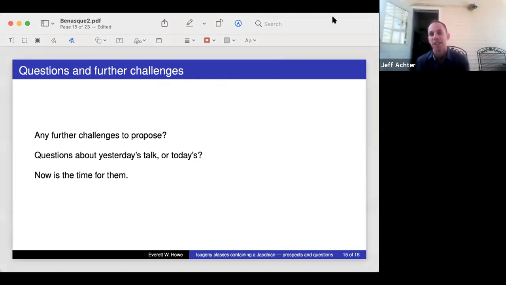In cases when an isogeny class doesn't yet contain a Jacobian, it might be interesting to know when it does start containing a Jacobian as predicted, as you increase the size of the base field. You start off over F_p and there are no Jacobians yet, but the isogeny class gets bigger, and conjecturally it will eventually contain a Jacobian if you're willing to admit a big power of p.